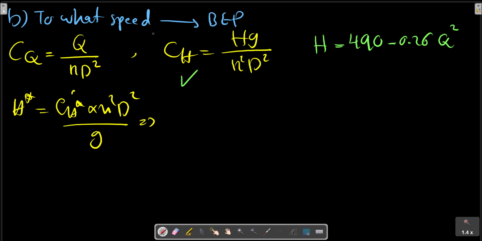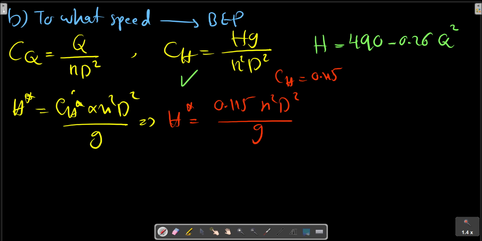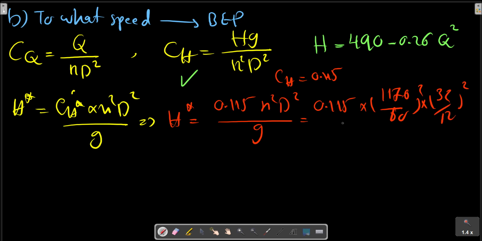CH star is for the centrifugal pump, so we can calculate N square D square on g. For the current pump, we have the diameter; calculating, we can obtain HS star in feet.